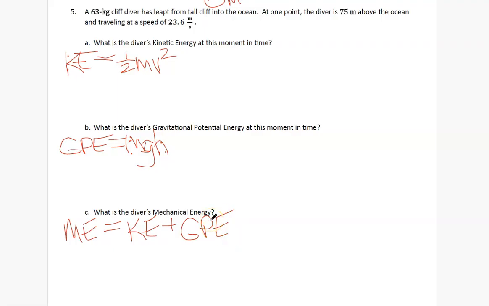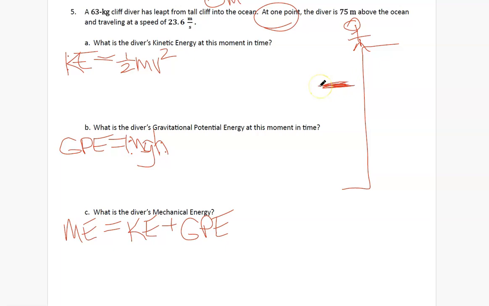Solving the first one first. Remember, there's a cliff. The diver is going to jump from the cliff. Do we care about how tall the cliff is? No, because we care about a moment in time when the diver is already falling.